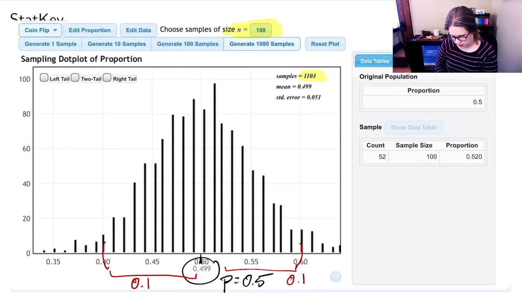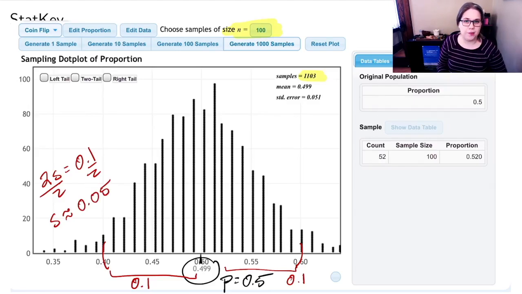And so if I wanted to compute the standard deviation, I know that 2s is 0.1. Divide both sides by 2, and s is approximately equal to 0.05. So I could eyeball that from this distribution.